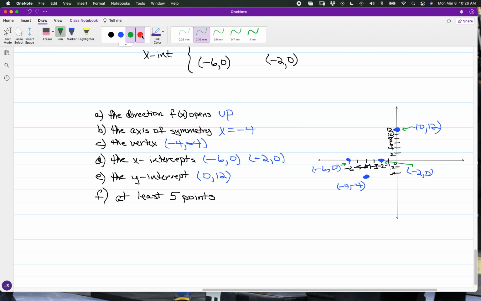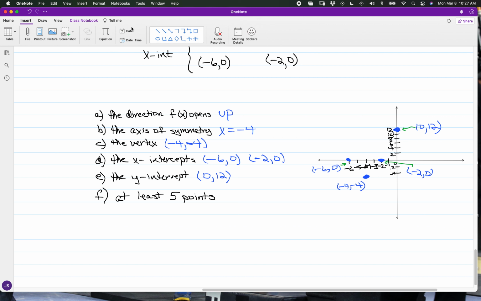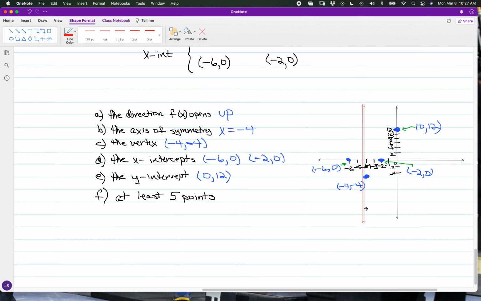And as for the graph of the function, you have a parabola that's going to be opening upward, and just throwing in the axis of symmetry. And that will serve a key purpose here. Again, that's just to keep everything in symmetry, thus proportion.